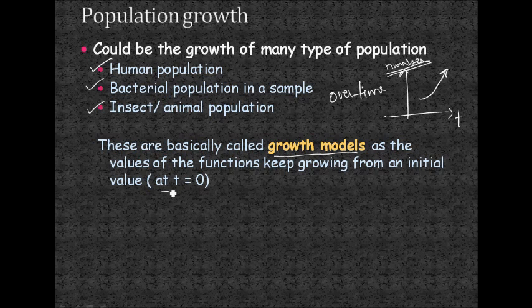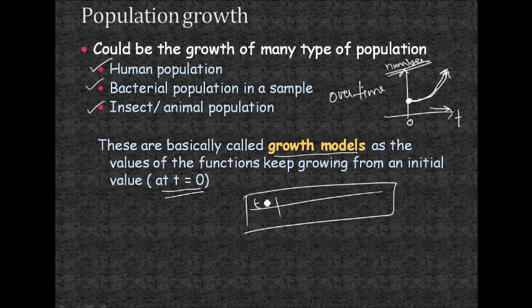And what is the function at time t equal to 0? It could be anything, but for example, it's just growing up as time goes by. If you start at time t equal to 0, which means you are considering the population data, say for example the number of people at a particular place, and you are starting with 1000 people at a particular area, this is your initial value.